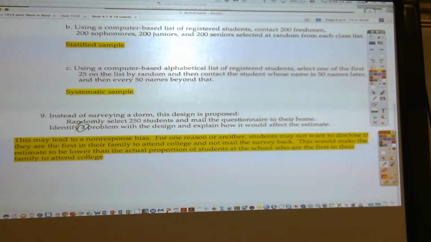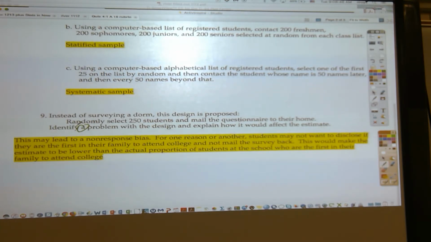The answer is that it might be a mistake, but we still categorize it as a non-response bias. So, it's a thoughtful point that you're making. But when the problem is manifest by a lot of people not responding, to the point that the sample's not representative of the population, we just call it non-response bias.